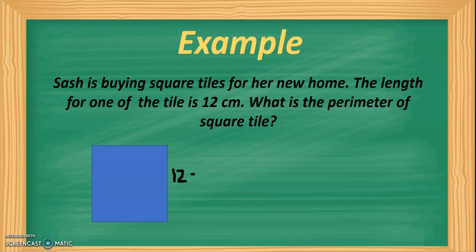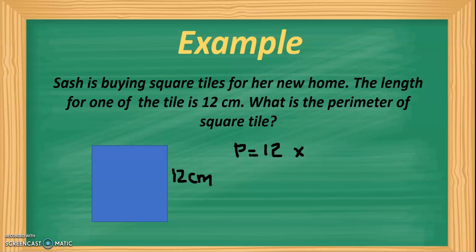Now, once we are given this information, we should be able to easily find the perimeter of this square. Because it is a regular polygon, that means all the sides are equal. So if here measures 12 centimeters, it simply means that here measures 12, here measures 12, and here measures 12. So I could add 12 four times, or I could simply multiply the 12 centimeters by 4.